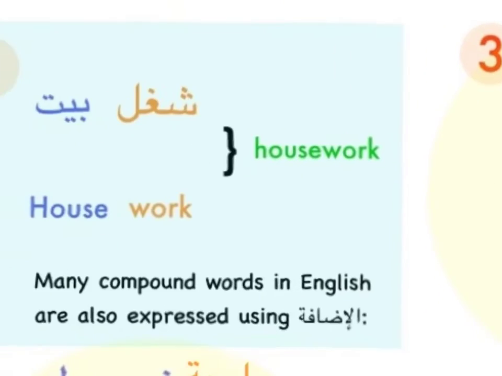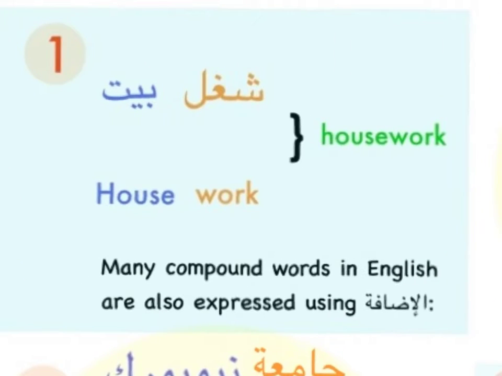Now let's look at what makes an إضافة. First of all, let's look at housework. Housework is a compound word in English, and it can be expressed as إضافة in Arabic. Like housework can be translated kind of into شغل البيت.